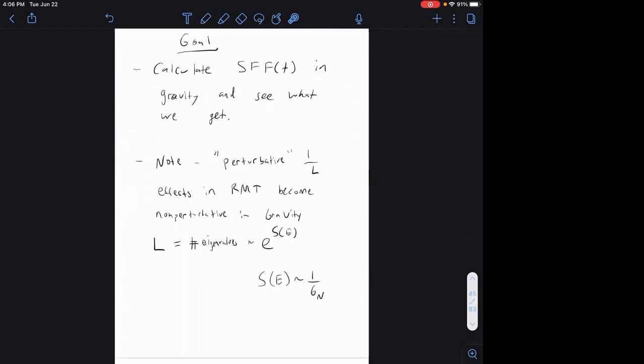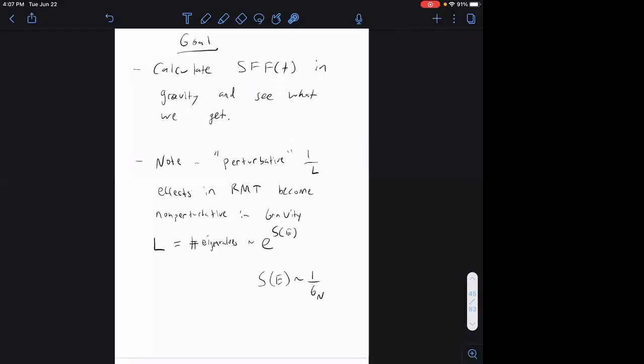So one note about our new perspective of trying to do this in gravity is that these perturbative 1 over L effects that describe the ramp in the random matrix theory are non-perturbative effects in gravity.